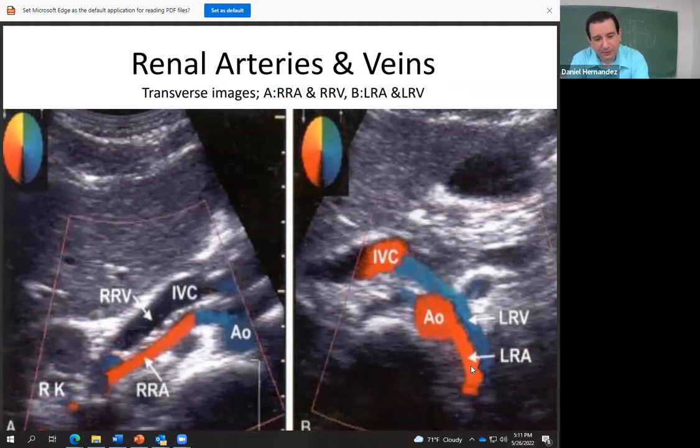We can see the left renal artery, left renal vein, with the artery coursing posterior or behind the left renal vein. Same thing on this side. You can see the aorta now, the right renal artery coursing posterior to the IVC and posterior to the right renal vein going into that right kidney here.